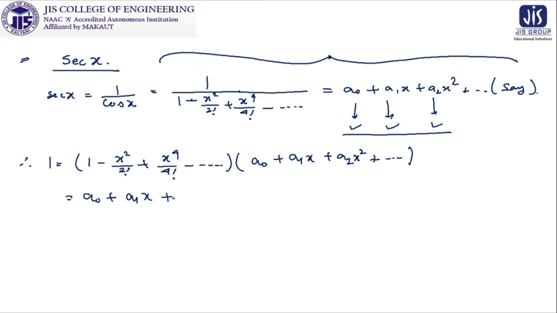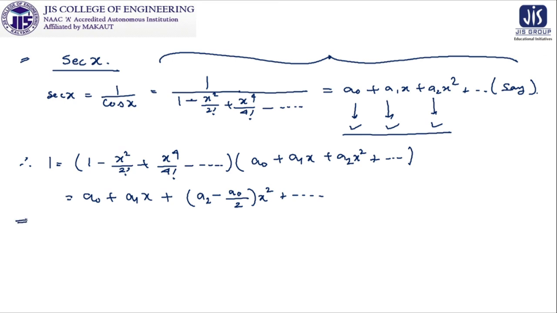Now look at this, what we are doing: we are separating the coefficients of powers of x, that is x to the power 0, then x, then x square, and we equate them from both sides.